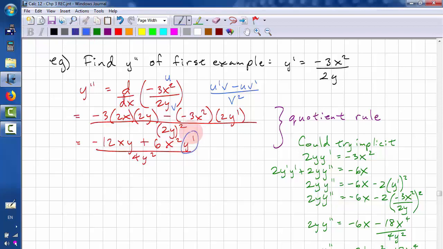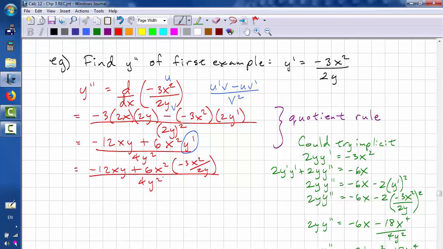We can't leave this in our answer. So what we have to do is substitute our y prime back in. So negative 12xy plus 6x squared, and we're going to put negative 3x squared over 2y, and that's all over 4y squared.